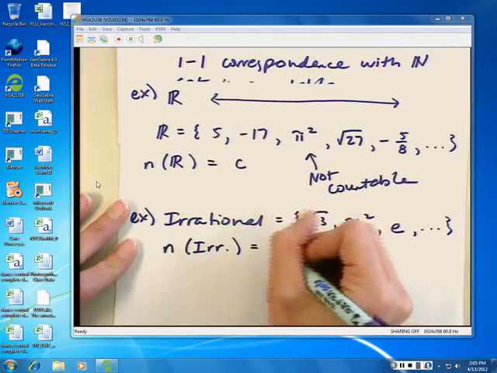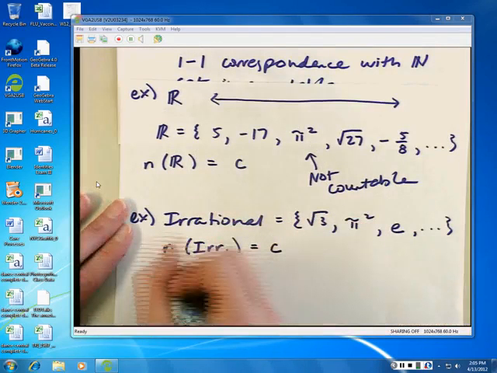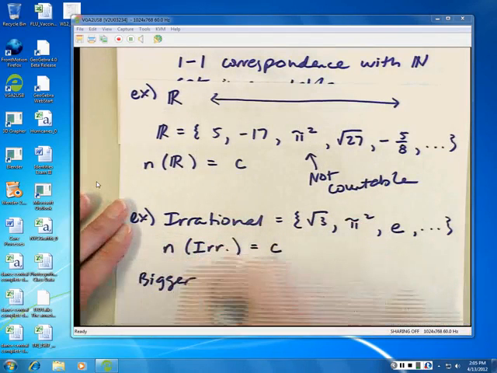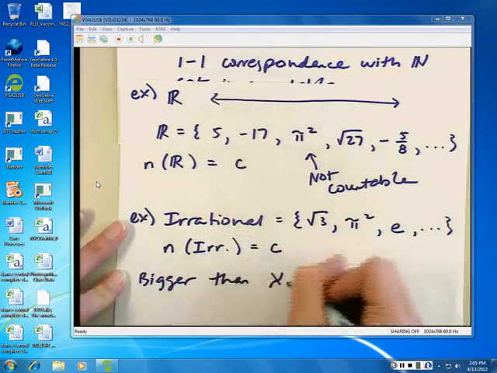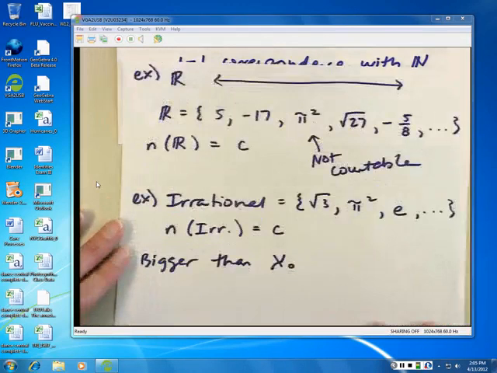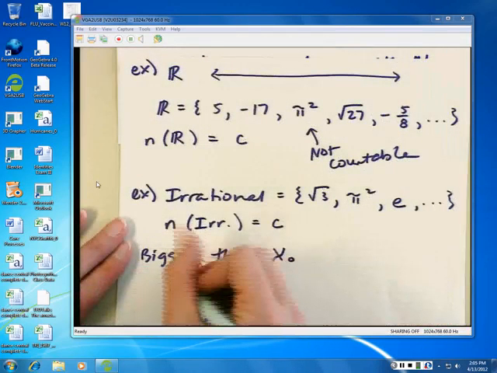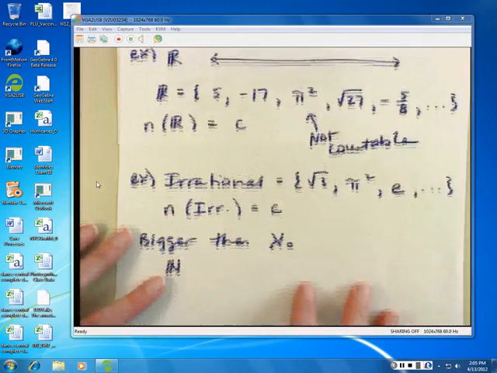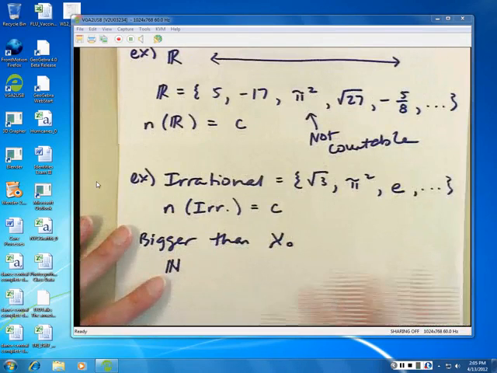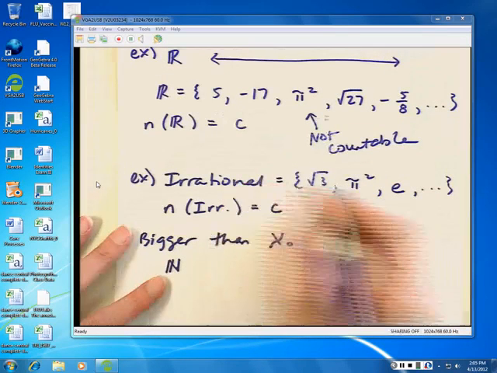We think of these as being bigger. So we think of C as being bigger than aleph naught. And it's because the set of natural numbers, okay, see if you can follow this. Remember, if you were aleph naught, you had a one-to-one correspondence with the natural numbers. But the natural numbers, 1, 2, 3, 4, 5, 6, 7, are all real numbers.